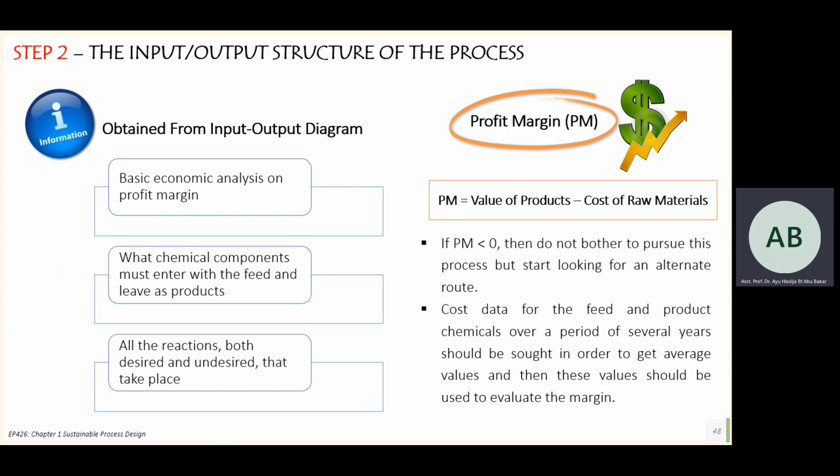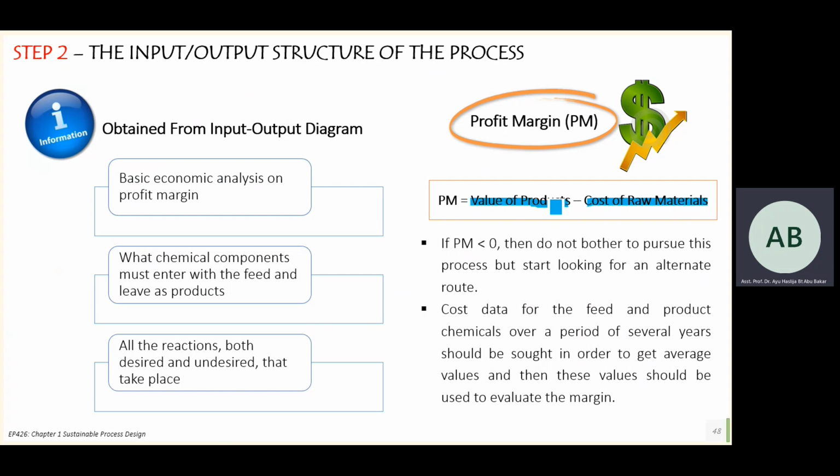Now this one should be done in order for you to decide whether to proceed or not with the input and output, with that raw material and product that you will be producing. Okay, value of the product minus the cost of raw material. This is in general. For example, urea.